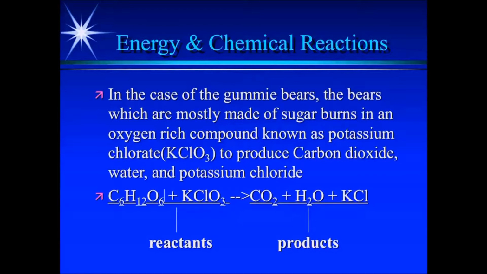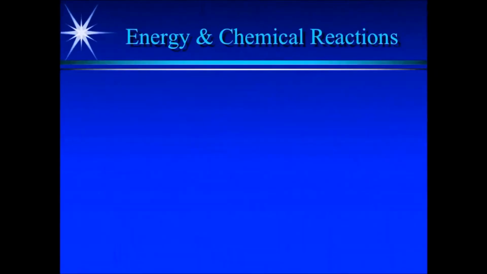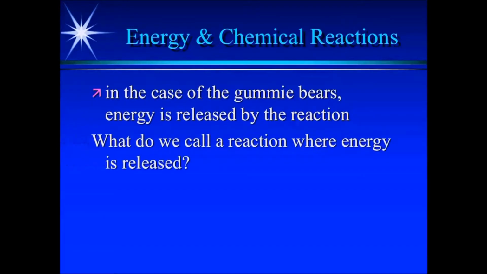Bam! Energy is released. So the gummy bear and the potassium chlorate are your reactants. Carbon dioxide, water, and potassium chloride are your products. So energy is released. In this case, we call it an exothermic reaction.